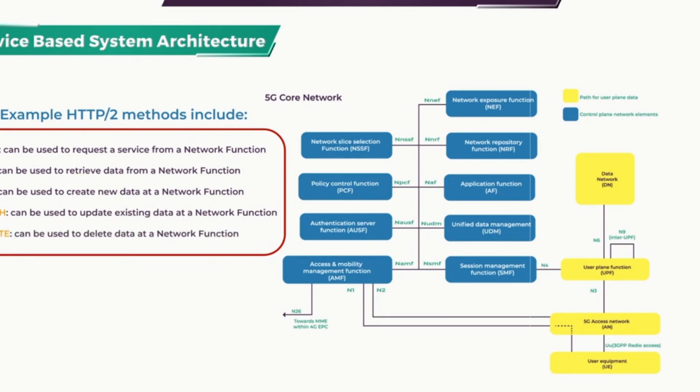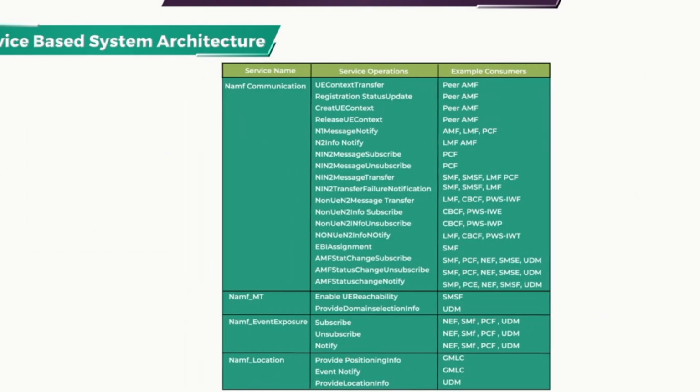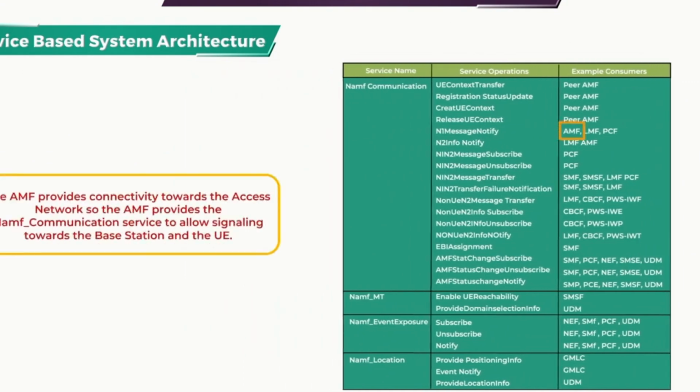As an example of the services offered by a network function, there is the table that represents the services offered by the Access and Mobility Management function (AMF). The AMF provides connectivity towards the access network, so the AMF provides an AMF communication service to allow signaling towards the base station and the UE.